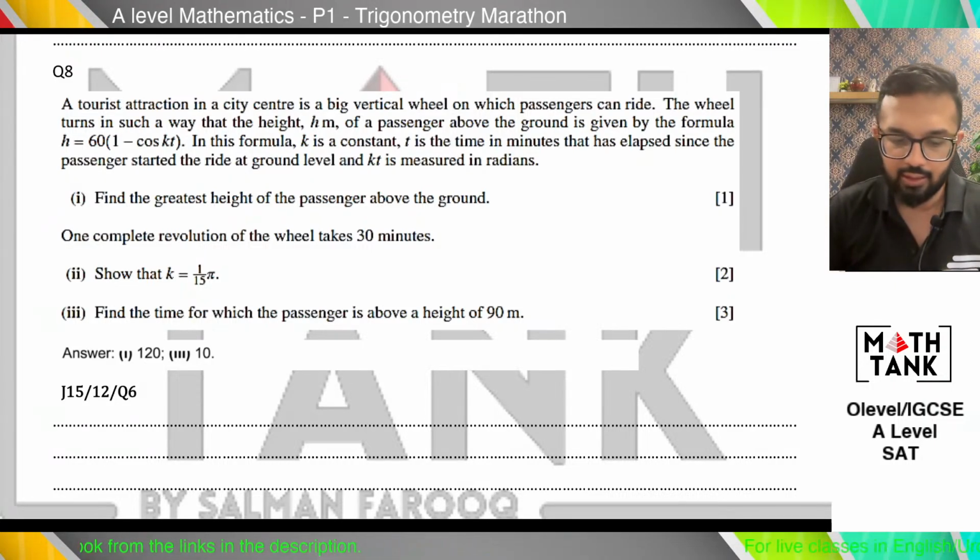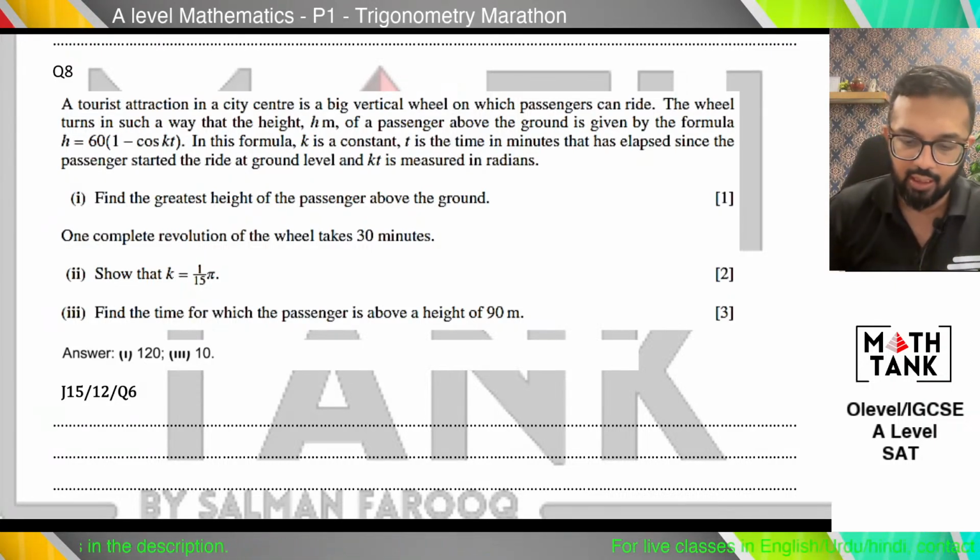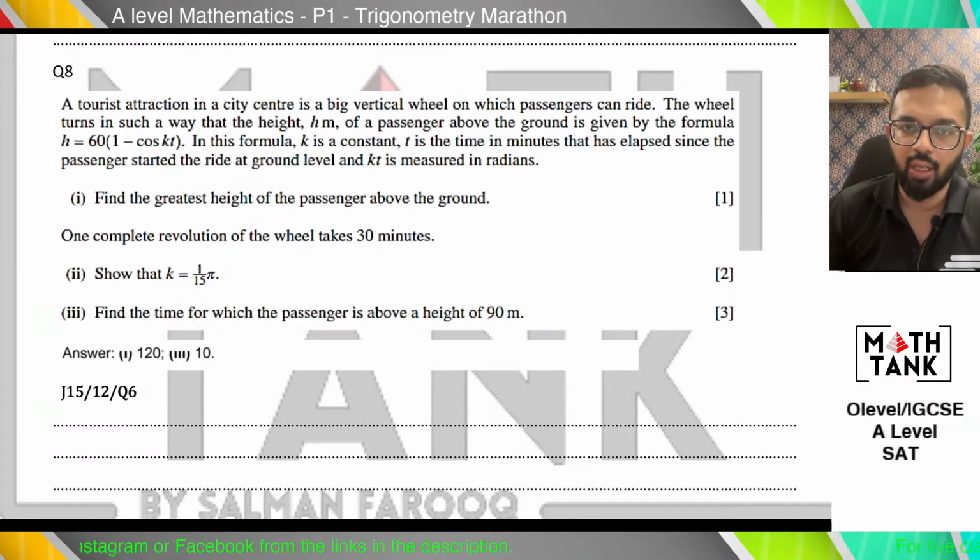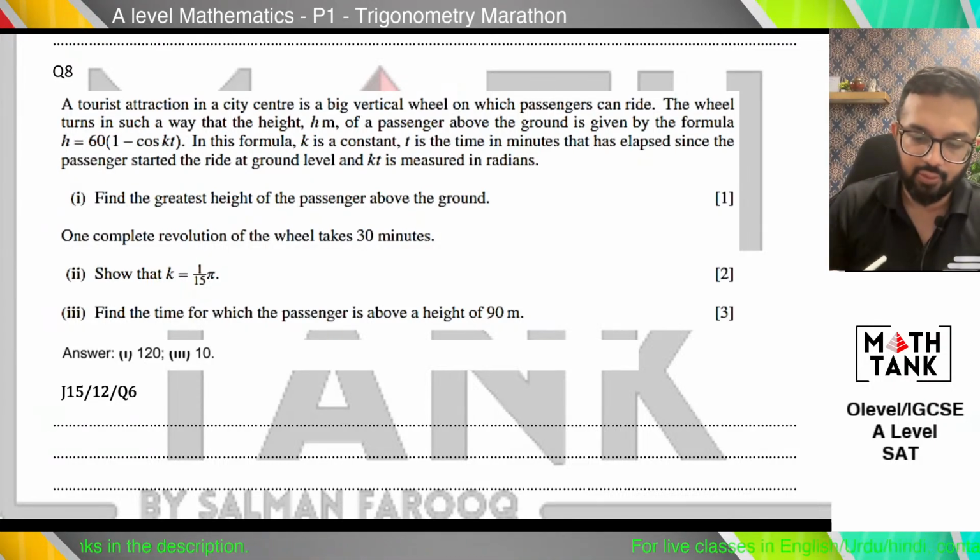The wheel turns in such a way that the height h meters of a passenger above the ground is given by this formula. T is the time in minutes that has elapsed since this passenger started the ride at ground level, and kt is measured in radians. Find the greatest height of the passenger above the ground.